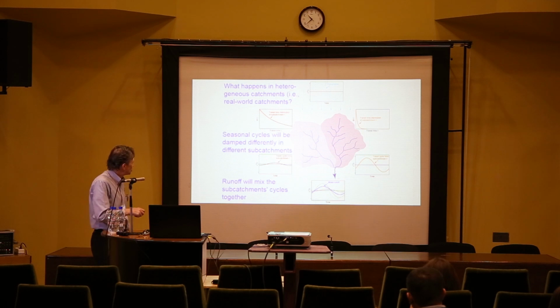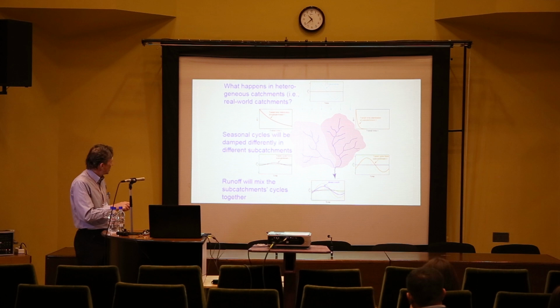And then the stream will mix the outputs from the slow and the fast part of the landscape, and it will give you this blue line, which is the mixed runoff. It gives you the seasonal cycle in the mixed runoff.